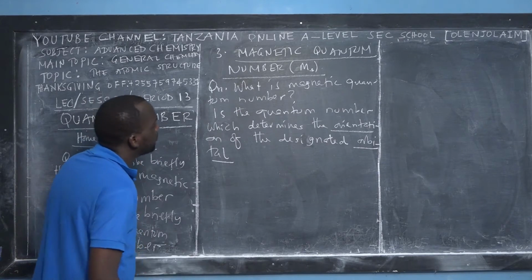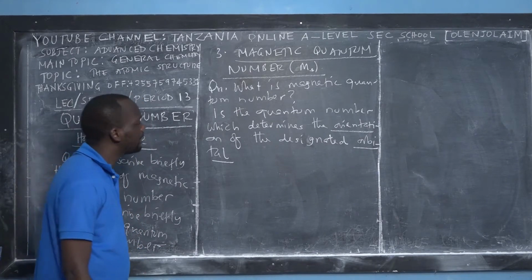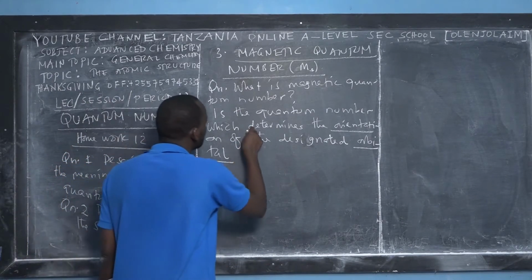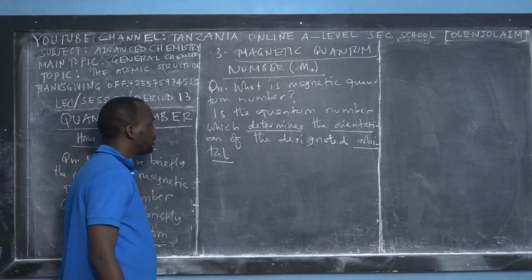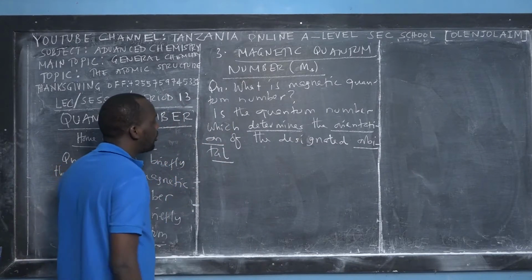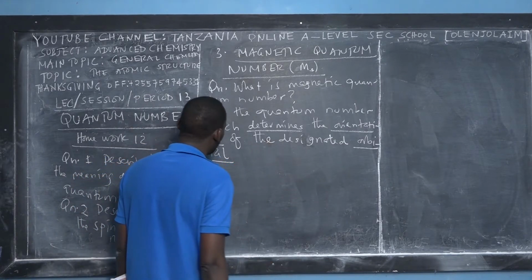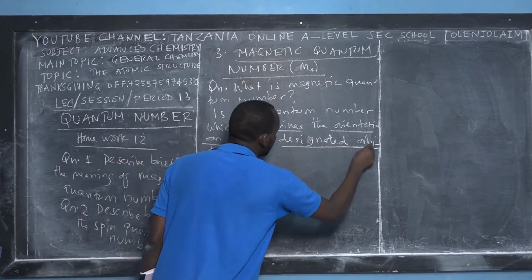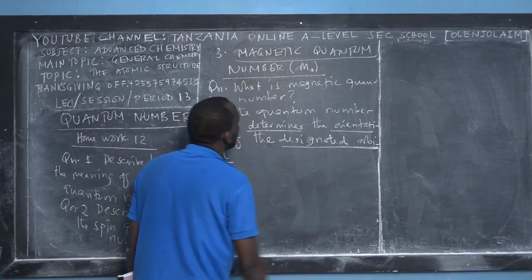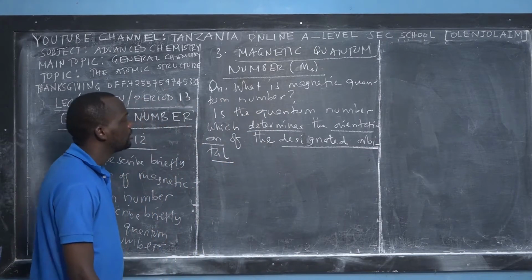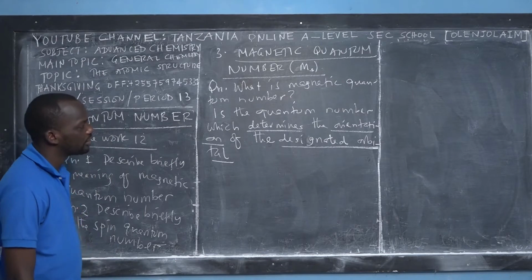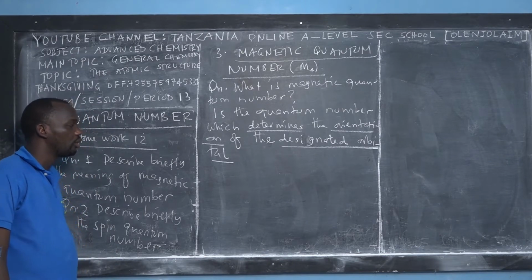So the magnetic quantum number is the quantum number which determines the orientation of the designated orbital. That is the definition of the magnetic quantum number.